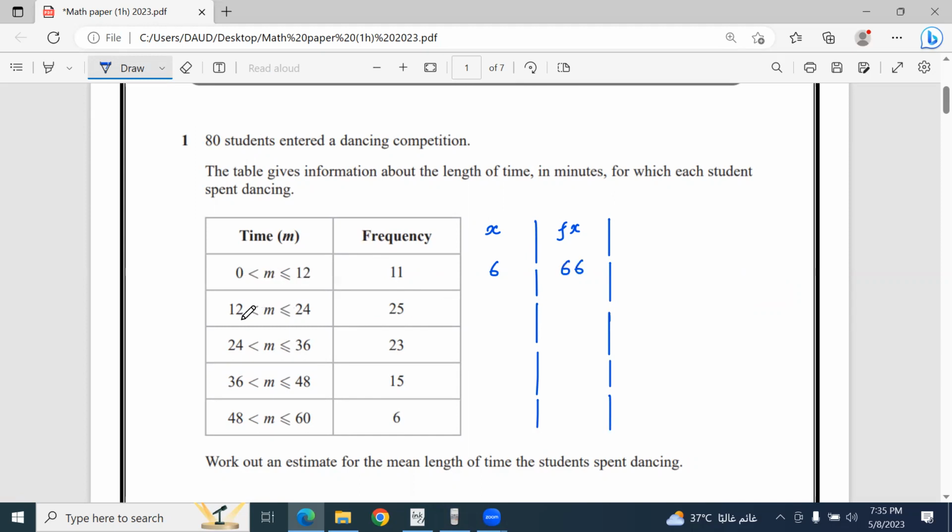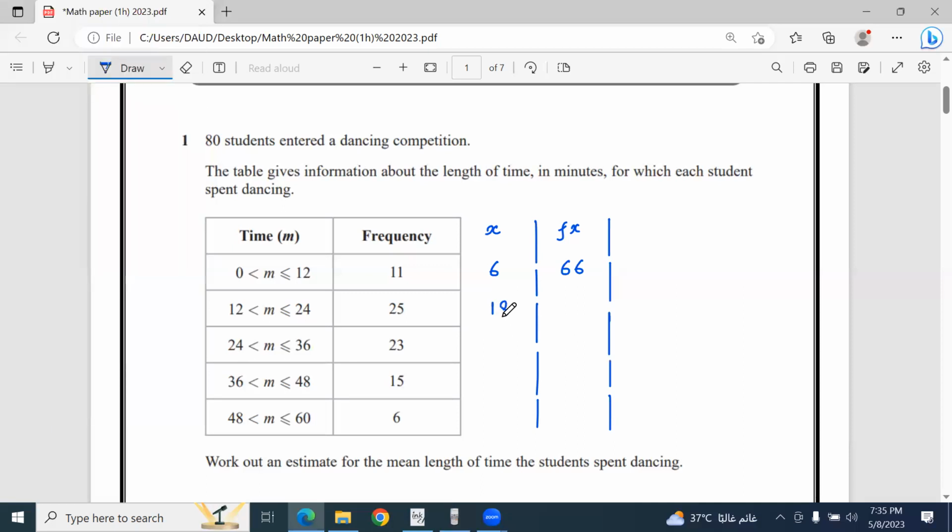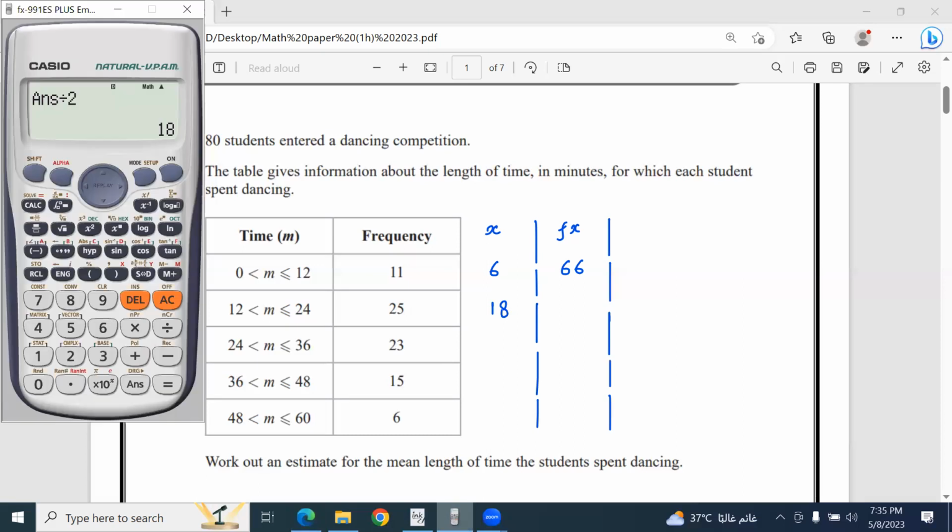Same as the next case, 12 plus 24 divided by 2, and the middle value you can check in a calculator also, gives us 18. Then 18 multiplied by 25 gives us 450.